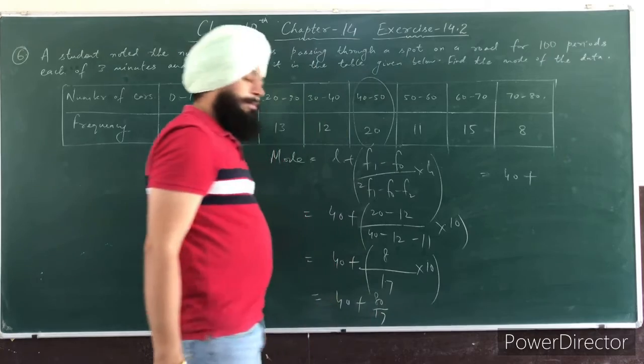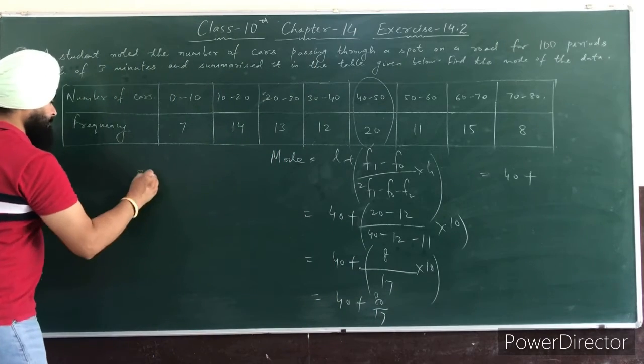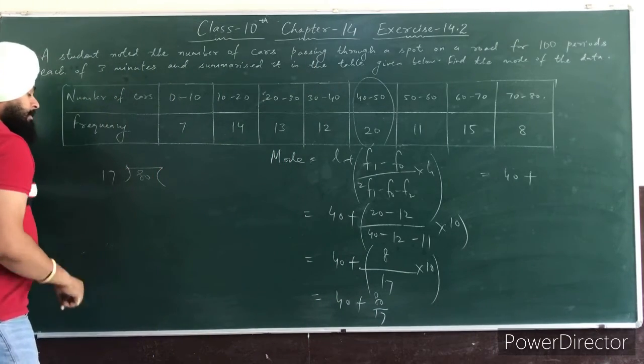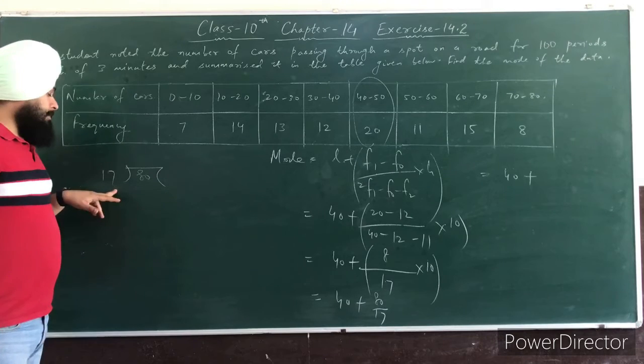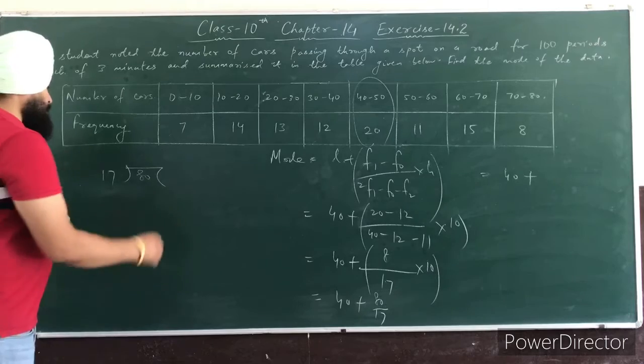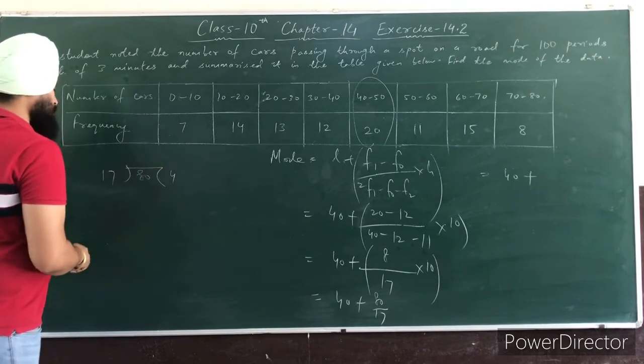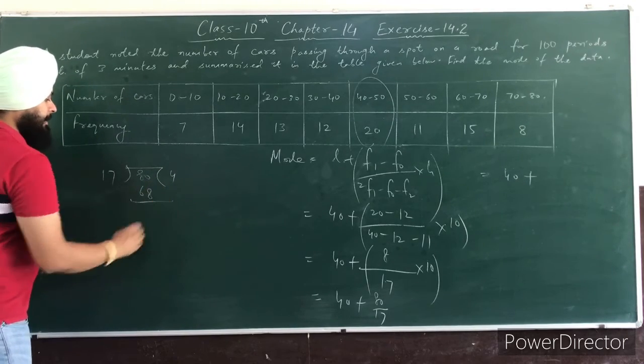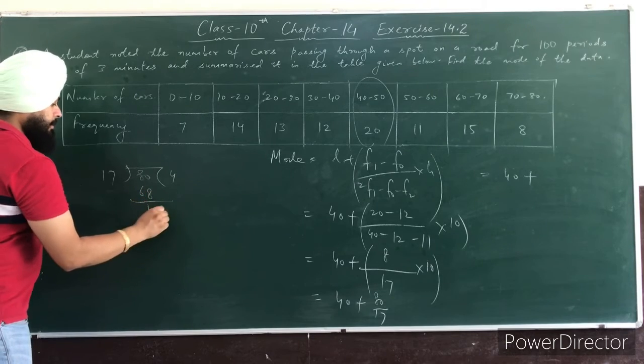Now divide this 80 by 17. 17 4s are 68, remainder 12.